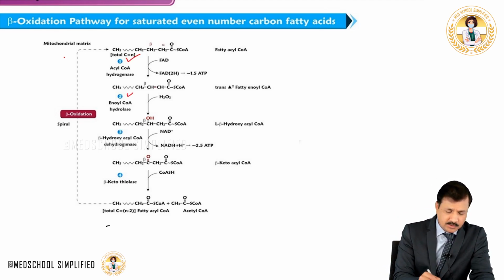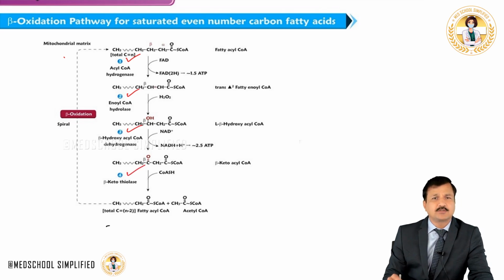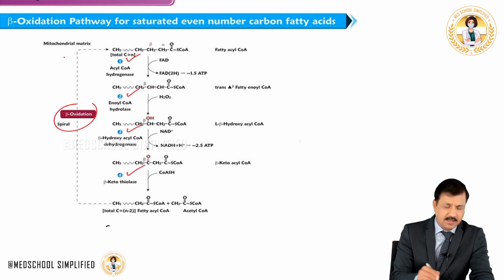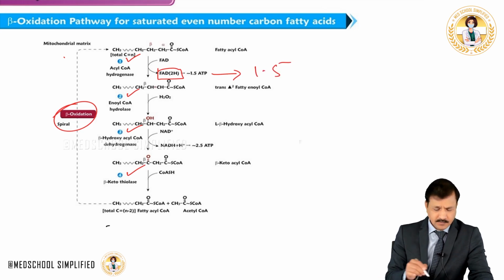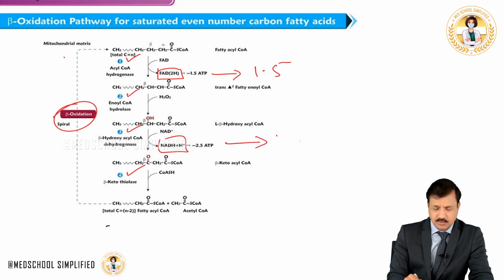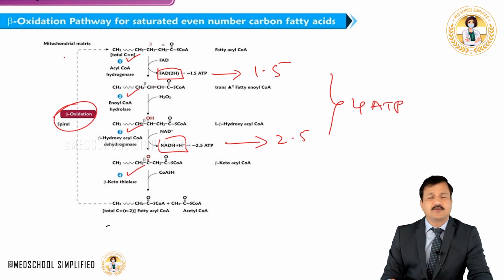So reactions 1, 2, 3 and 4 make up one spiral of beta oxidation. Reaction 1 gives you FADH2, which is worth 1.5 ATP. The third reaction gives NADH plus H+, which is worth 2.5 ATP. So in total we have 4 ATPs coming from the NADH and FADH2.